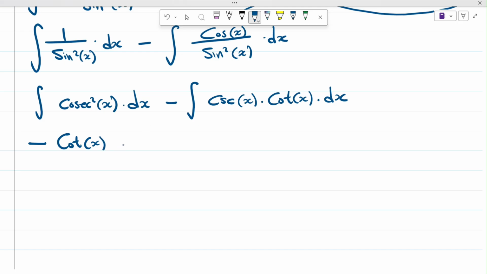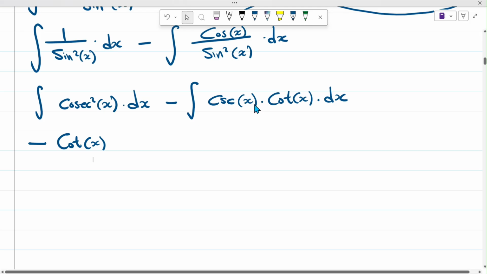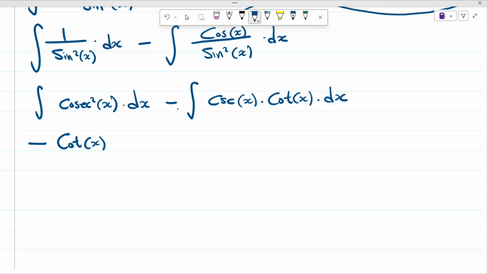And then we move to the following one. Here we ask ourselves, what was differentiated for us to get positive cosec cot x? Or, to make things simple, we can just take the negative inside and then change this sign to positive. Make sense? I hope it does.